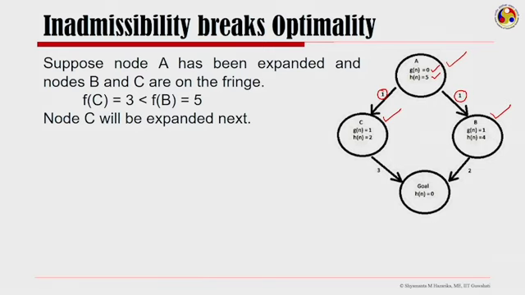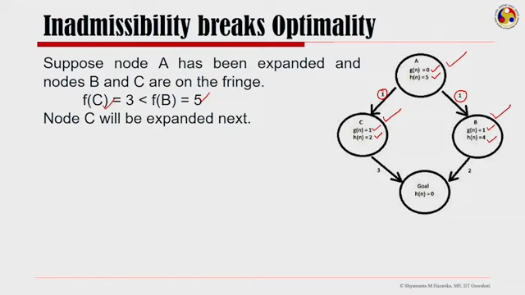So the total cost at C is the cost of coming to C, which is 1, plus the heuristic estimate of going from C to the goal, which is 2, so 1 plus 2 is 3. At B, the cost is of course 1, but the heuristic estimate of going to the goal is 4, making the total cost of node B 5. So in this scenario, node C will be expanded next.